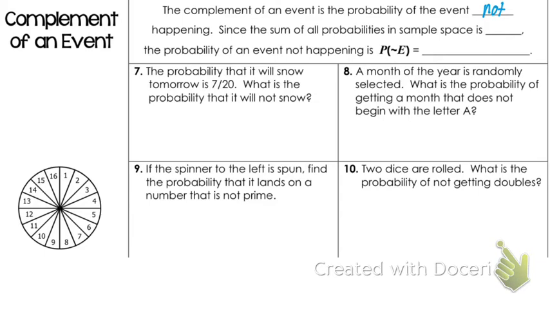So if I flip a coin, what are the odds that at the end of the day, it's at least one of these two? 100%. Every time I flip it, I'm going to get at least one of them. Does that make sense?